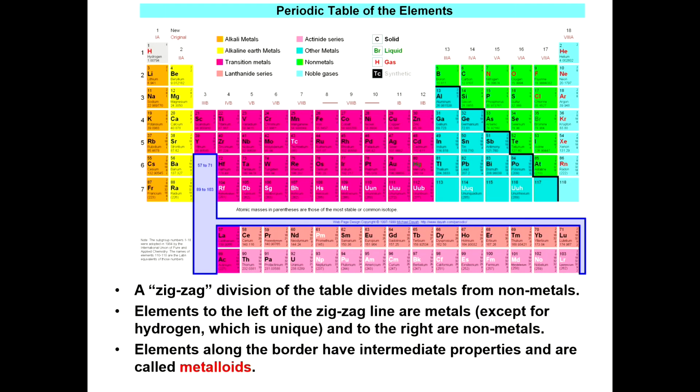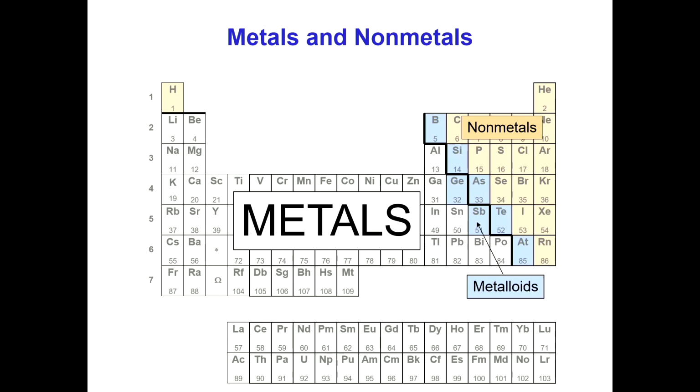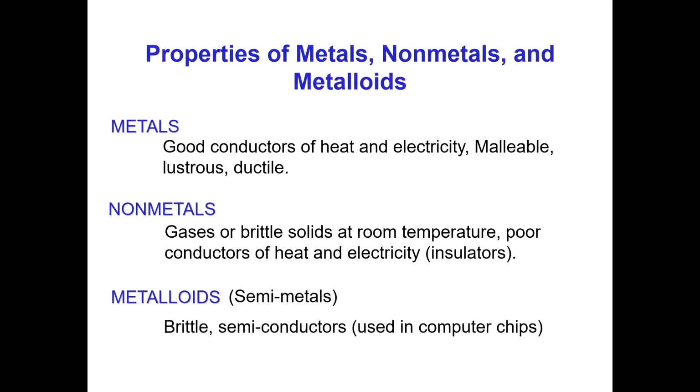I think this is easy to understand. All these are metals, and these are non-metals. But these elements are called metalloids. So this is about the zigzag line. It can separate the elements into metals and non-metals.